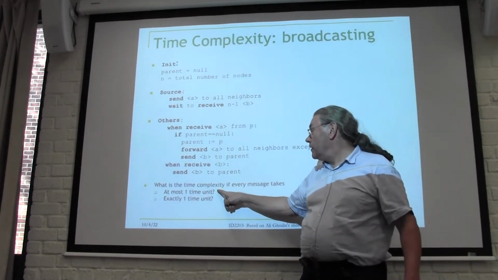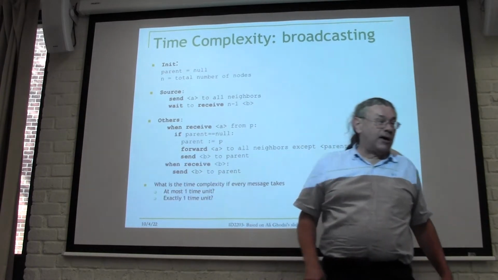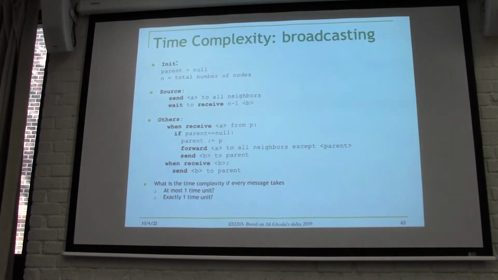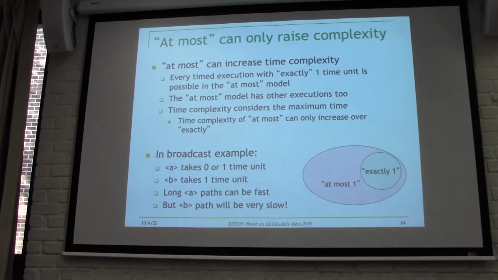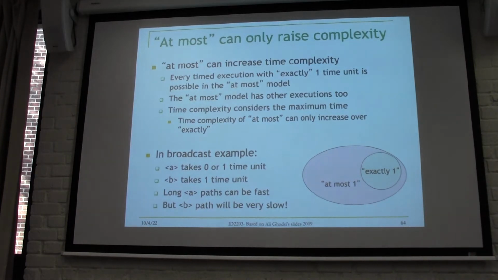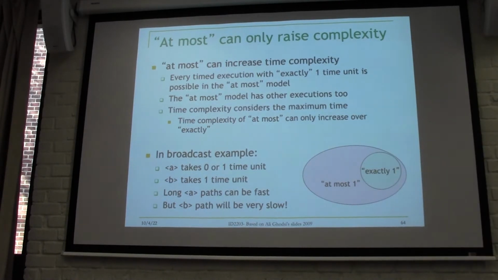Doesn't it? If we allow messages to take 0 time, the algorithm actually slows down according to time complexity. That is a correct property. That is what I call the paradox of time complexity. So you have to understand why it's like that. That's the exercise for you, to understand why it's like that.